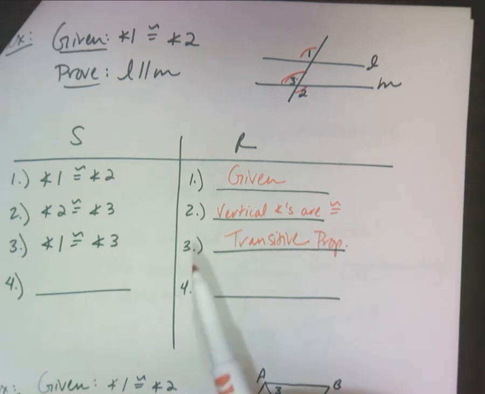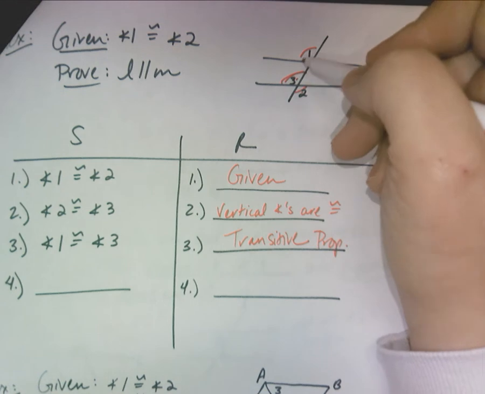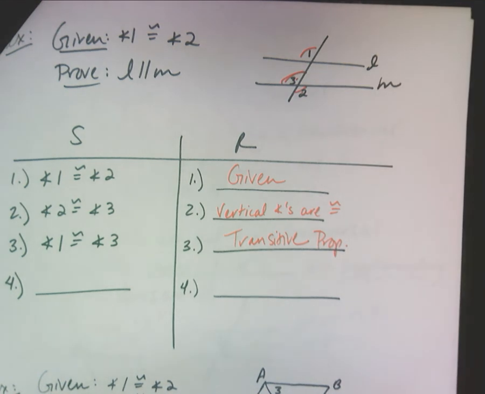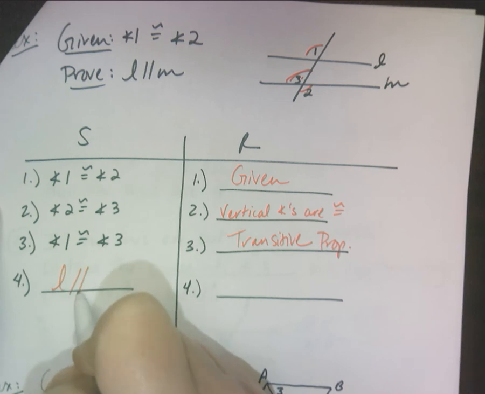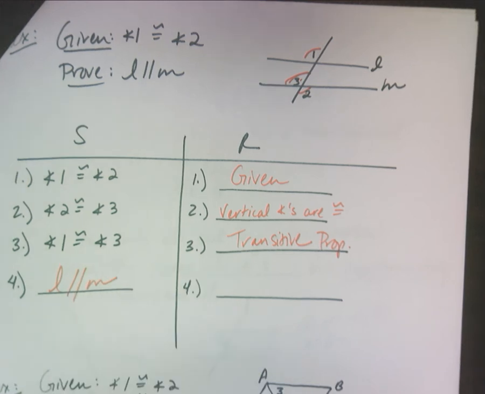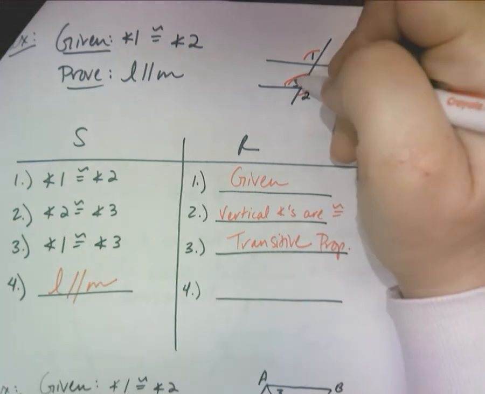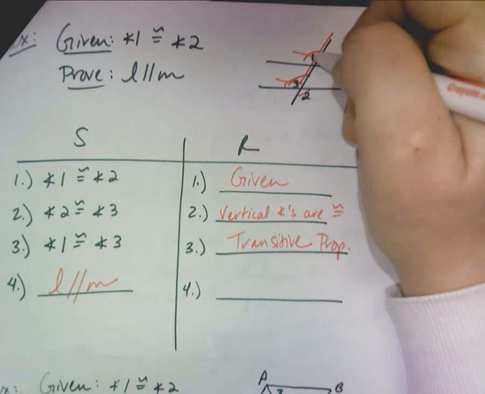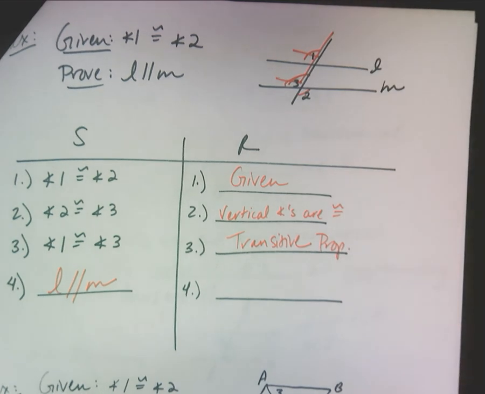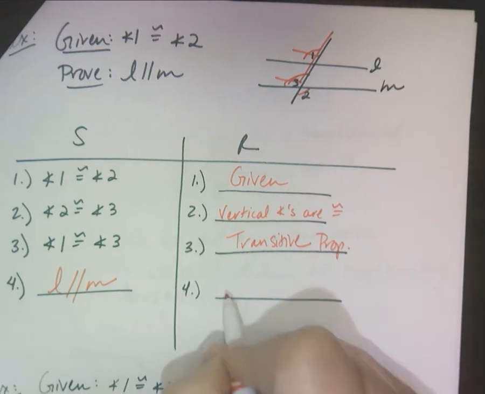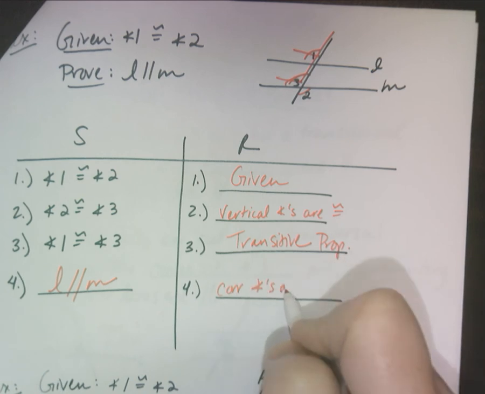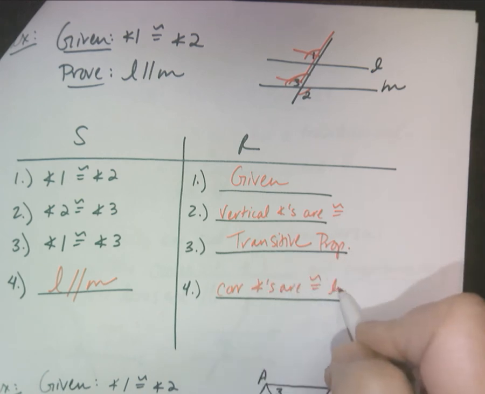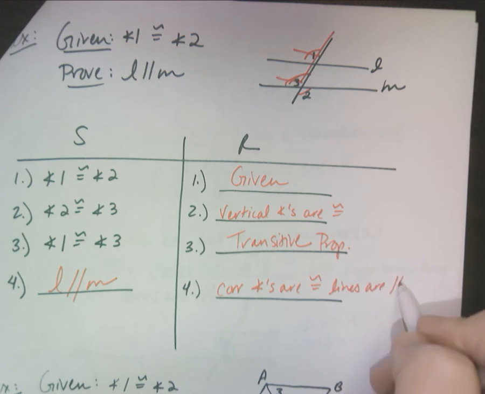All right, now that I've got 1 and 3 congruent with the transitive property, now I can finally say that the 2 lines are parallel. Why? Because now they're forming that F, upside down F. So you will say, because the corresponding angles are congruent, the lines are parallel.